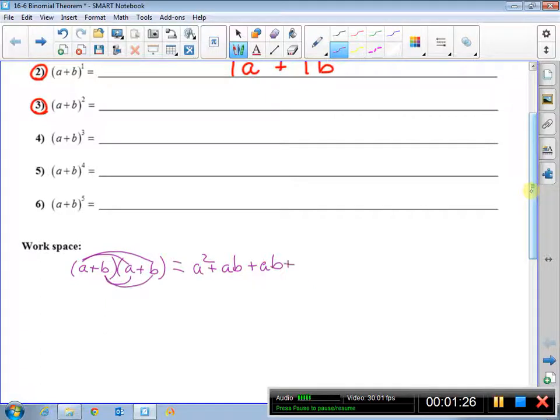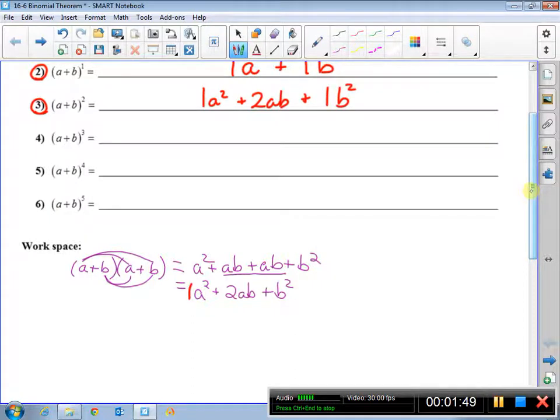Couldn't remember what I left out. B squared. So this is a squared plus 2ab. So there's 2 of them plus b squared. So let's get that written up here. It's actually 1a squared plus 2ab plus 1b squared. I'm writing the coefficients with the 1s like that on purpose.